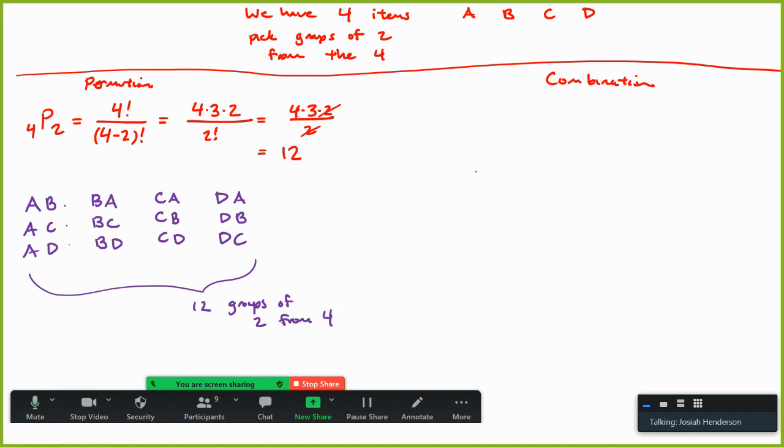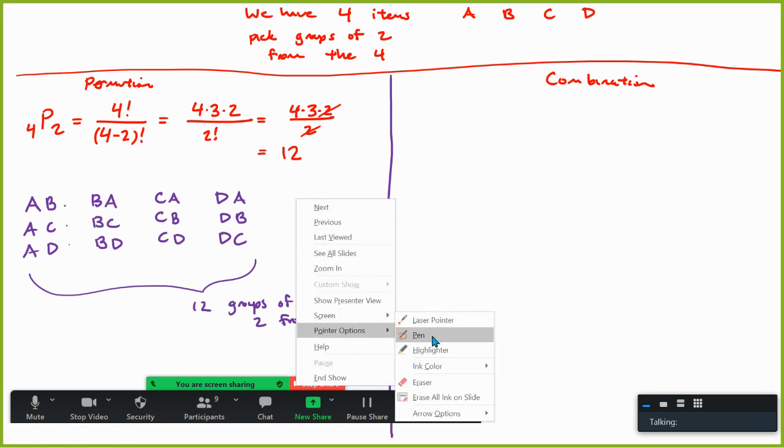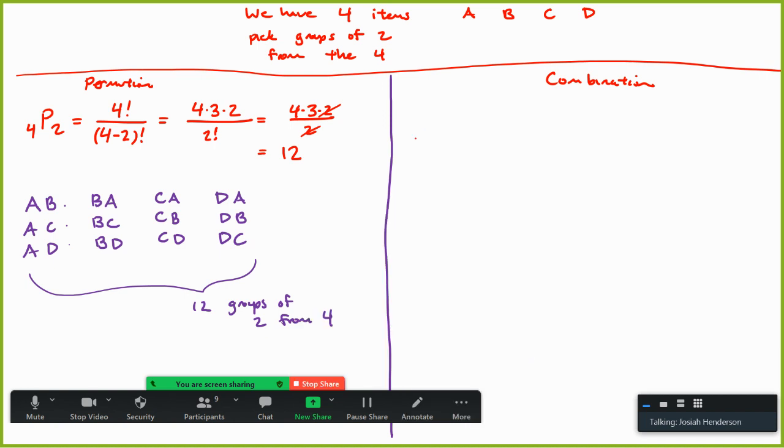Okay, now on the right, let's do the same problem, but as a combination where the order doesn't matter. So we're going to do 4 choose 2. It's almost the same formula, except we're also dividing by an extra r factorial.